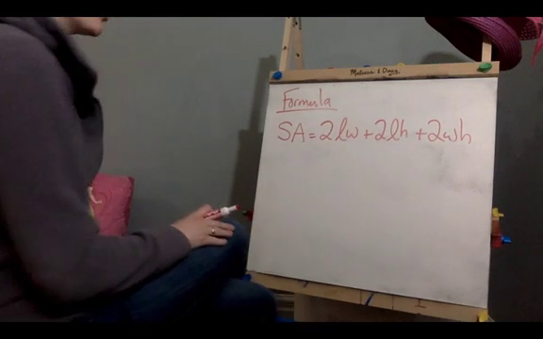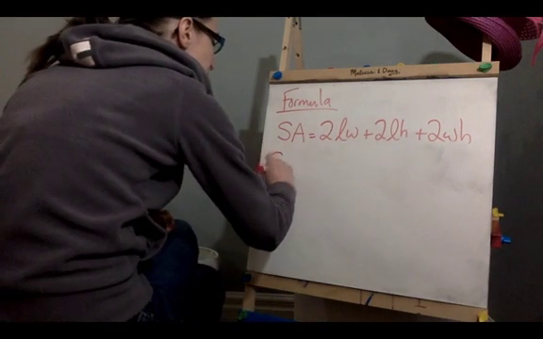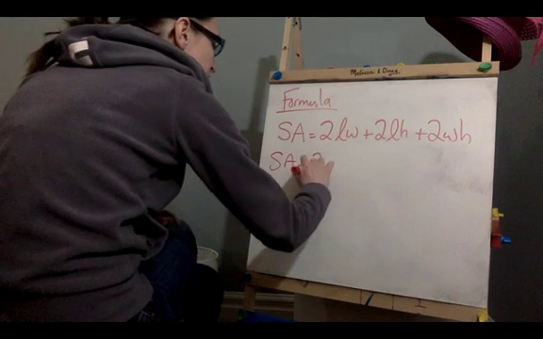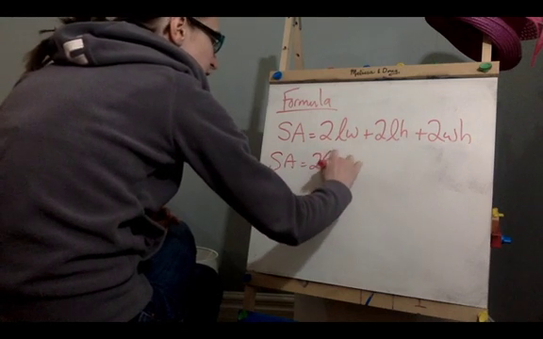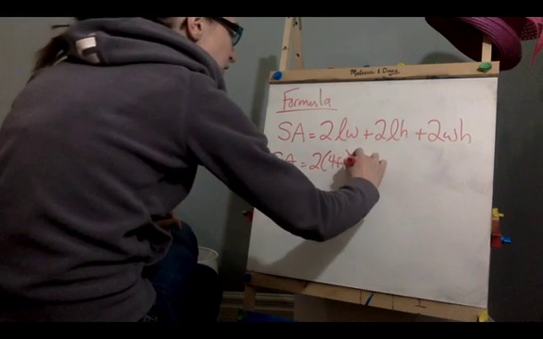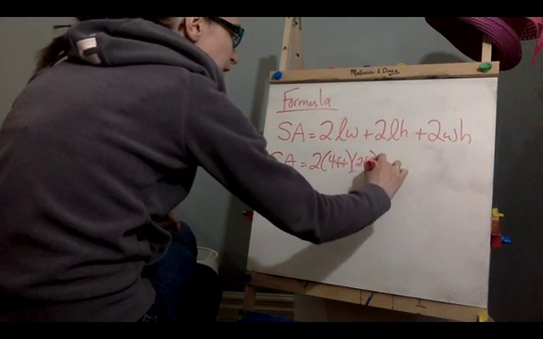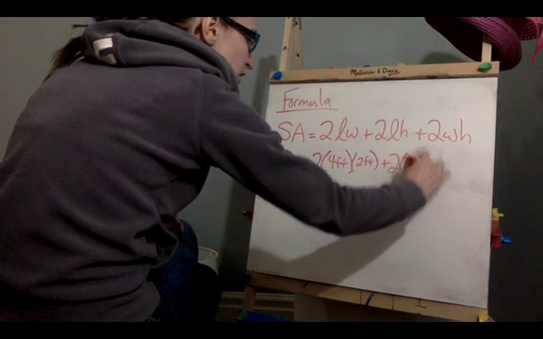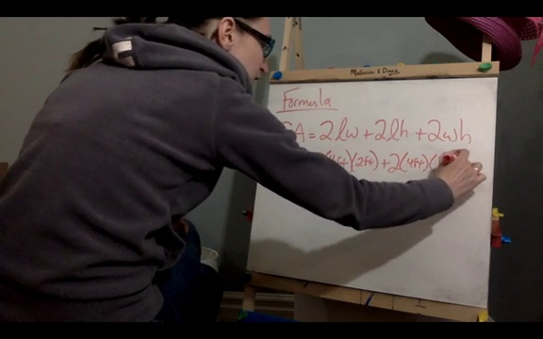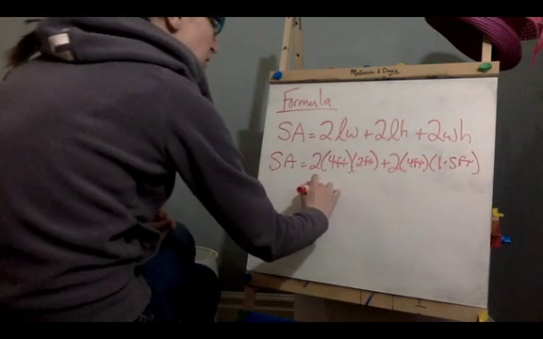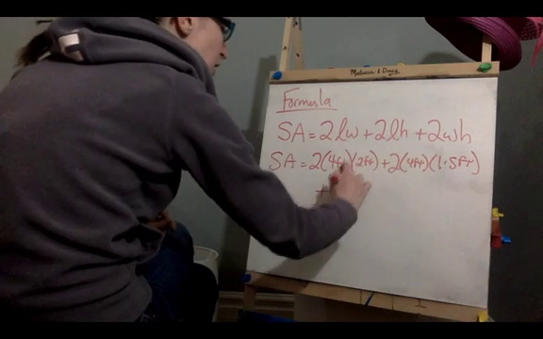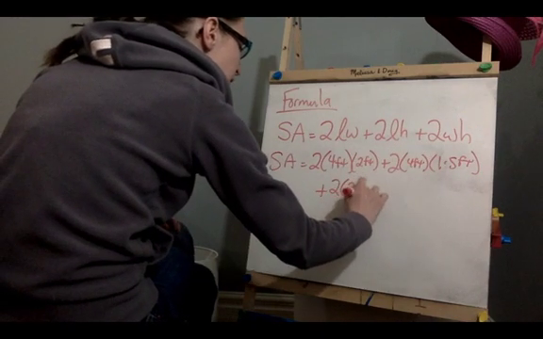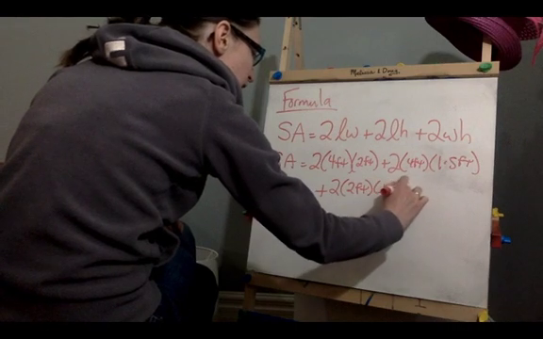So if we did that with this same chest, the length was 4 feet and the width was 2 feet. And then for this next part, 2 times the length, which was 4 feet, times the height, which was 1.5 feet, plus 2 times the width, which was 2 feet, times the height, which was 1.5 feet.